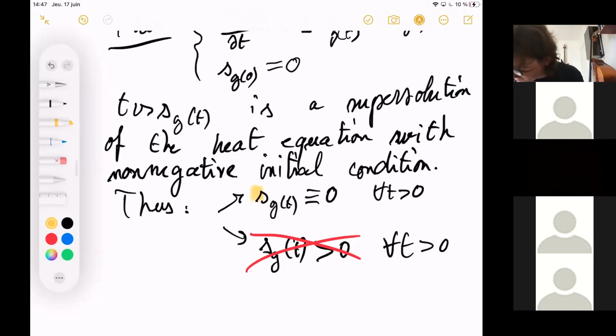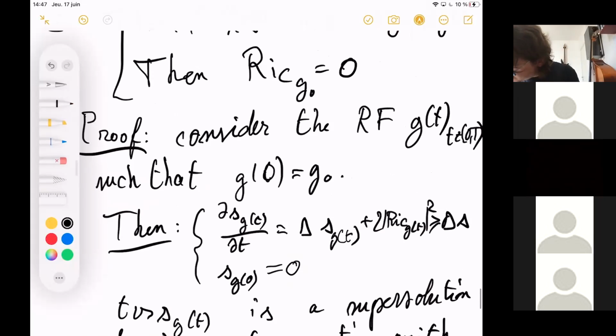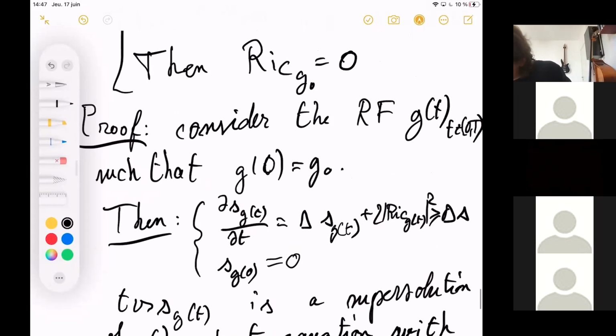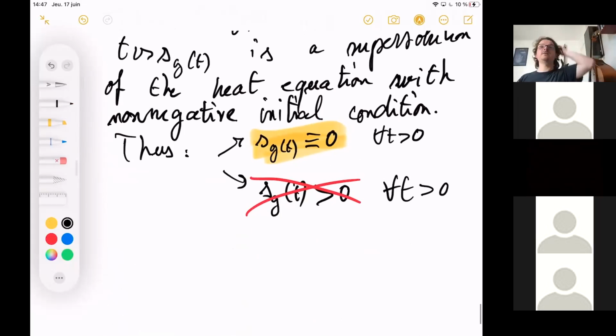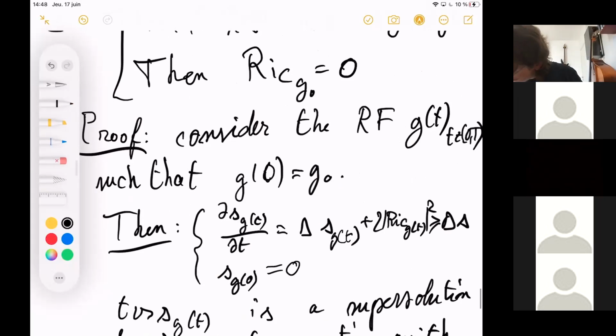So the scalar curvature is identically 0. Now I plug the fact that the scalar curvature is identically 0 inside the evolution equation for the scalar curvature.